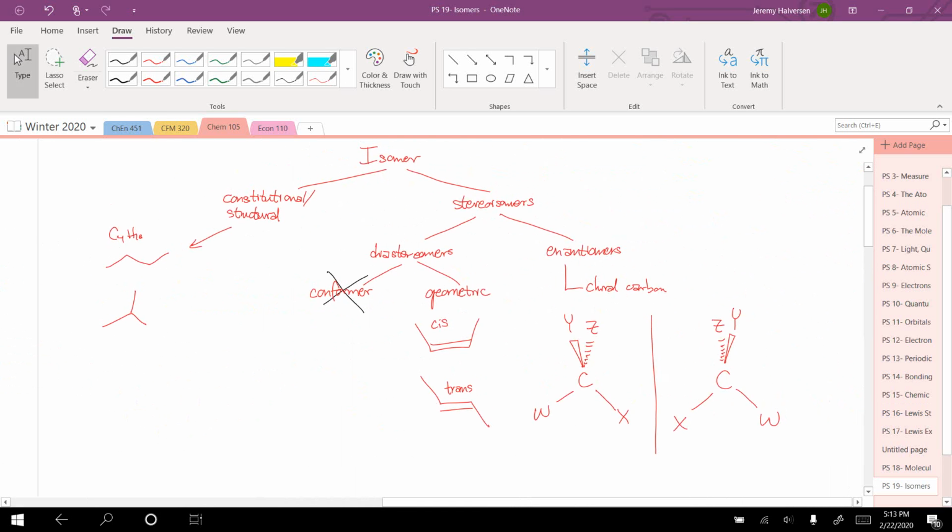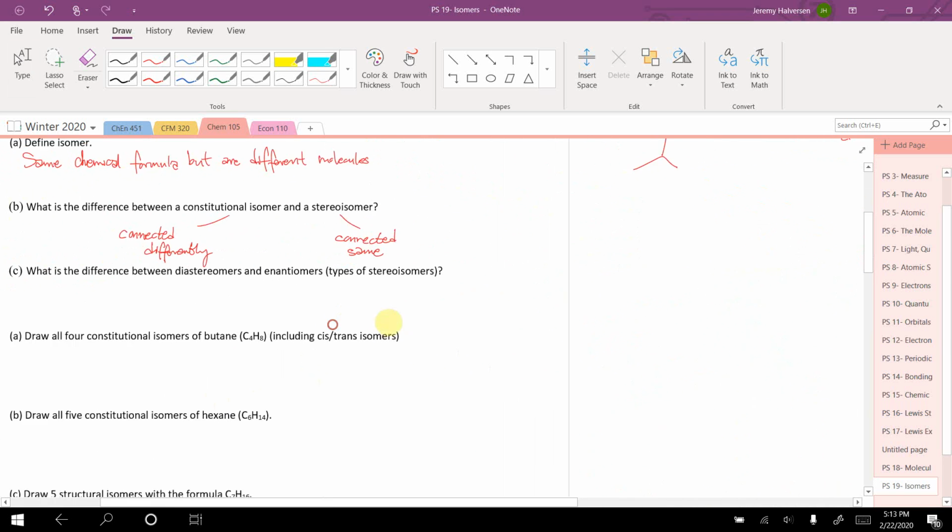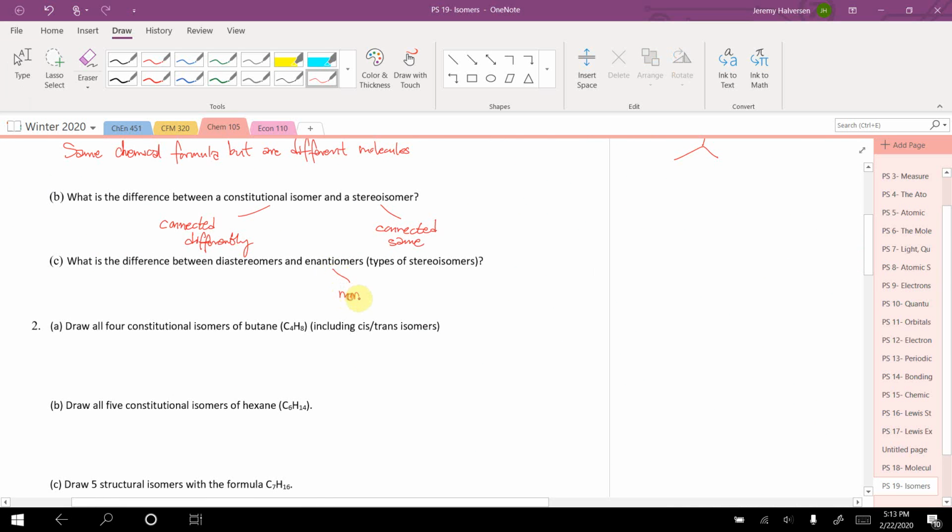So that's over here, diastereomers versus enantiomers. Enantiomers, I guess you could say, are mirror images. Diastereomers are not mirror images. Now there are different ways you could answer this question, but that makes sense to me.